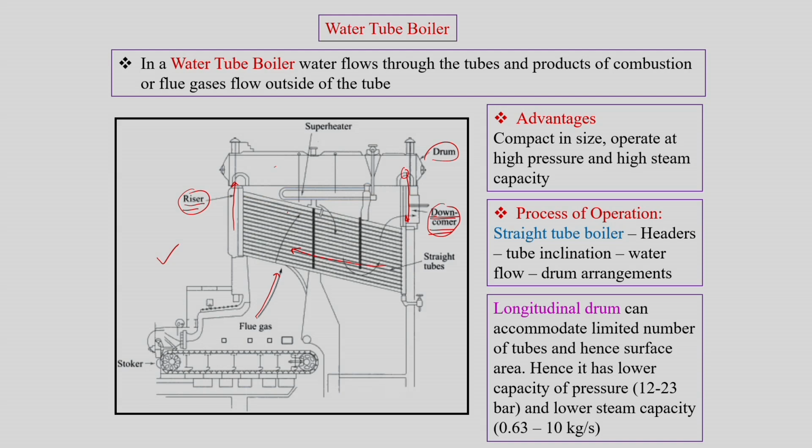So, this has one little disadvantage, that it cannot accommodate many tubes. The pressure which it can sustain as per its capacity is around 12 to 23 bar, and its steam capacity is in the range 0.63 to 10 kg per second. This is for the longitudinal drum boiler.